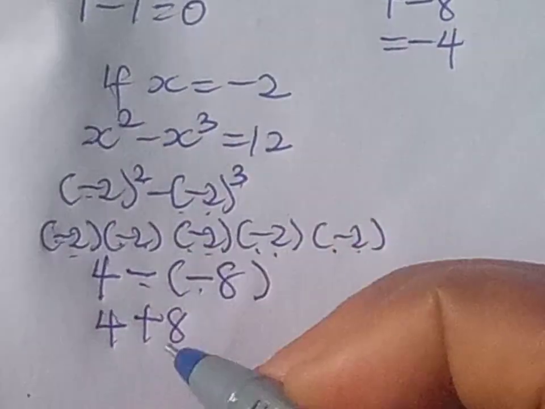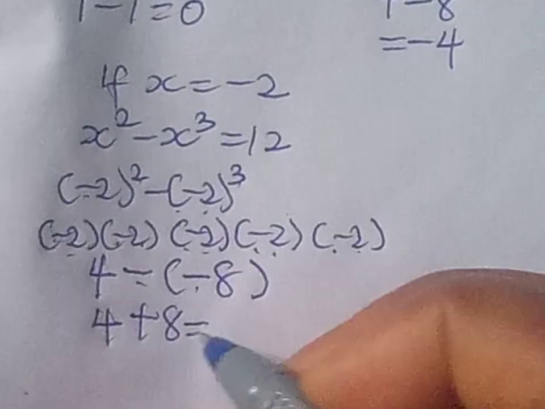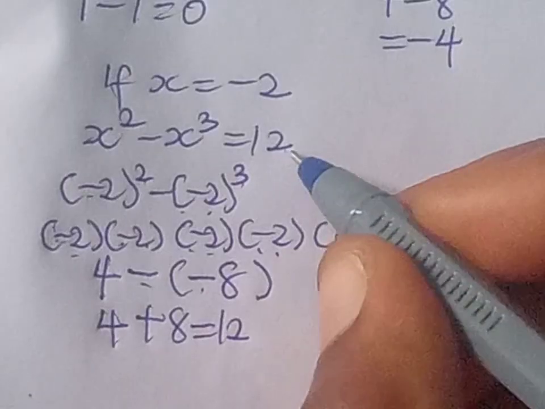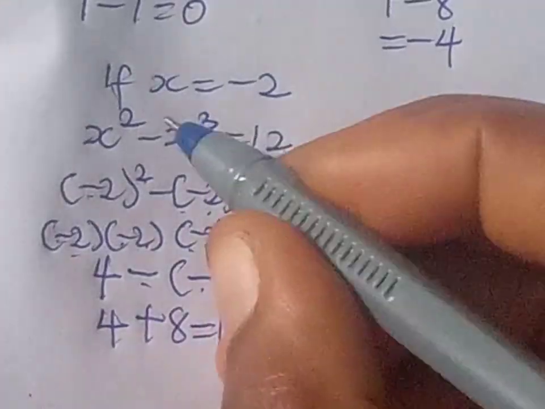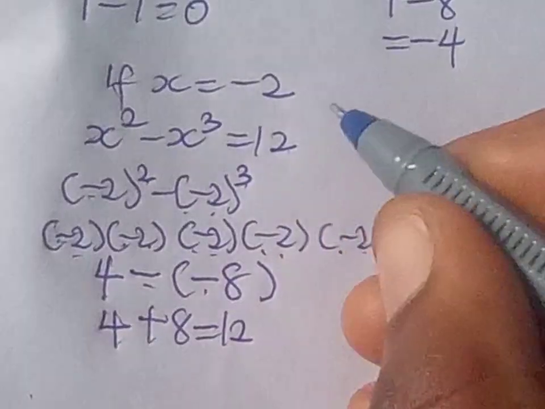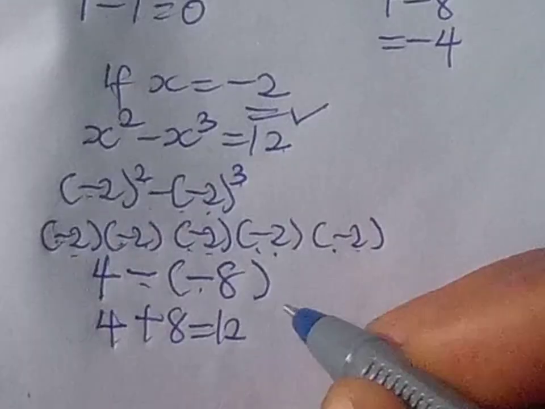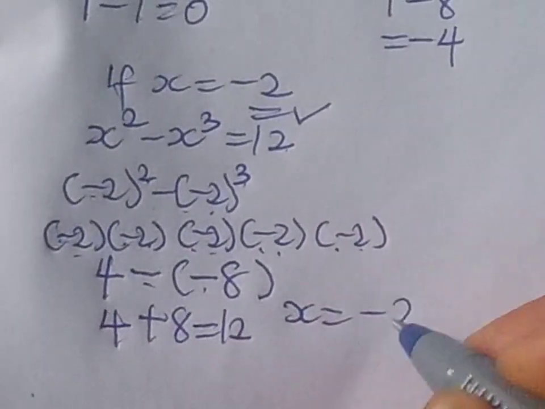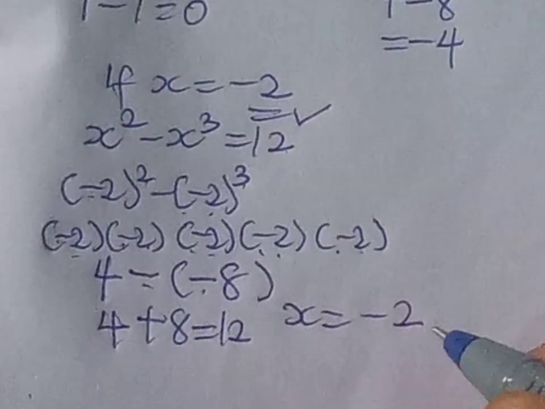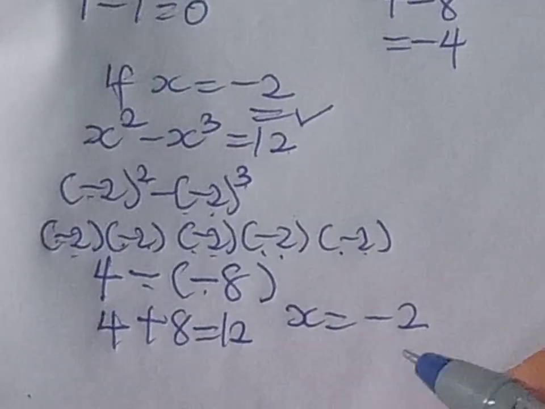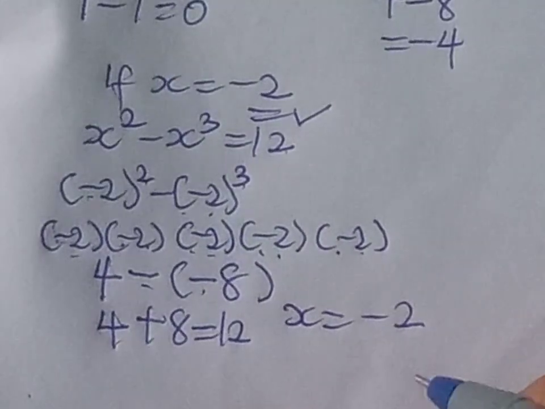So on the left side, our answer is 12, and also on the right side our answer is 12. So x equals minus 2 works perfectly for this equation. x equals minus 2 is a solution to this question. Let's find out if we can still get another solution.